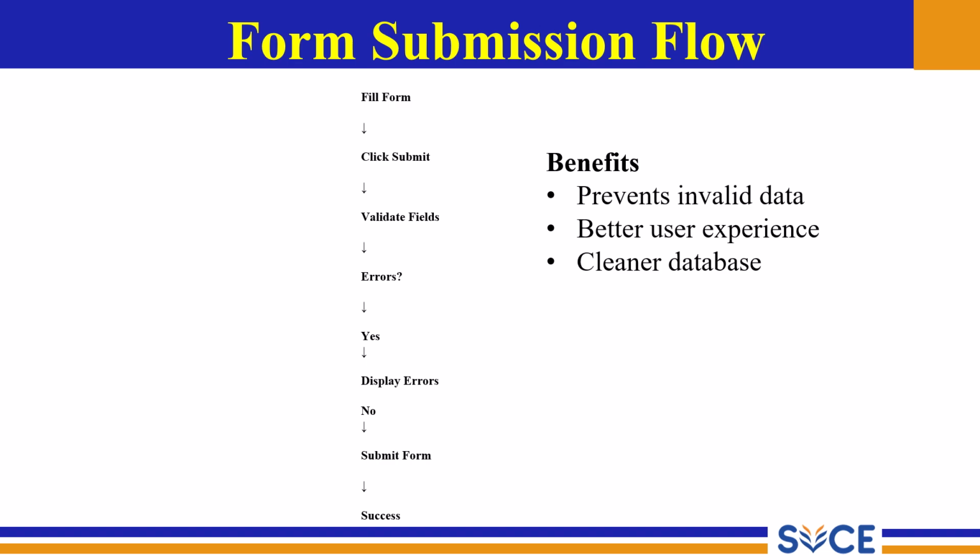Step 5, validation successful. Finally, the server stores the information in the database. The user enters the data, React validates the data. If there are any errors, it shows the errors. If there are no errors, submit the form. It stores the data in the database.